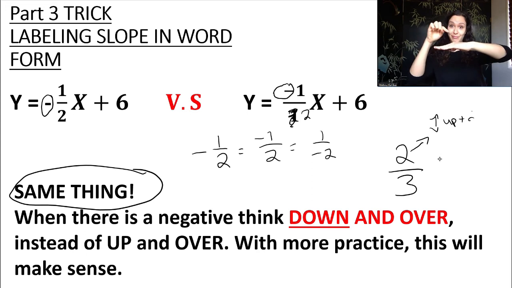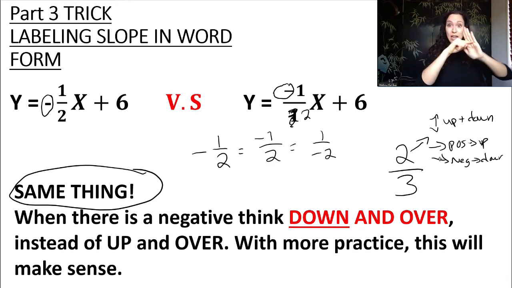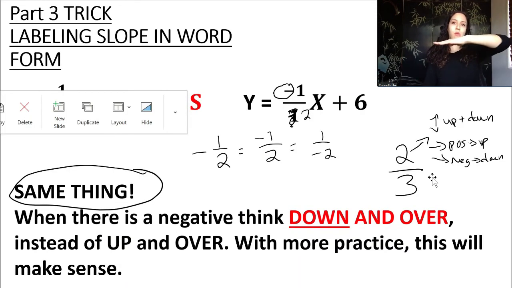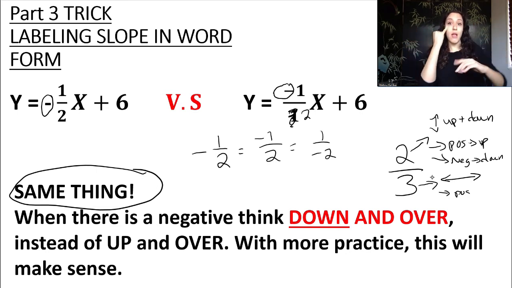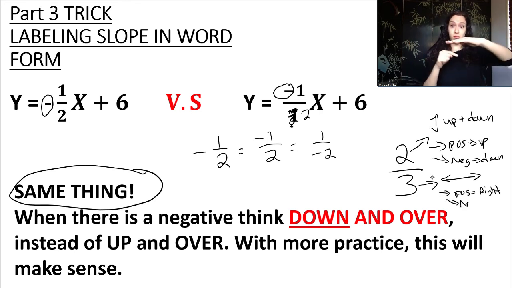If it's positive, you go up. If it's negative, you go down. For the denominator, it goes left to right. If it's positive, it goes to the right. If it's negative, it goes to the left.